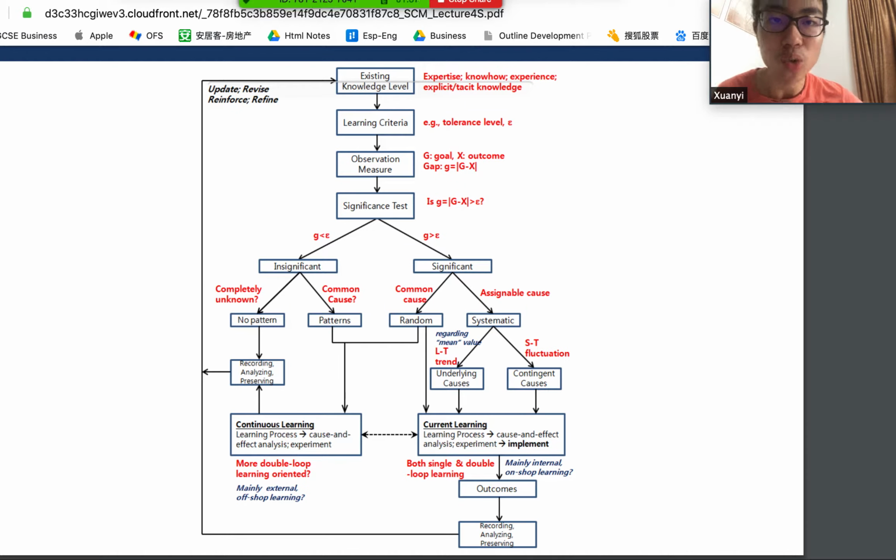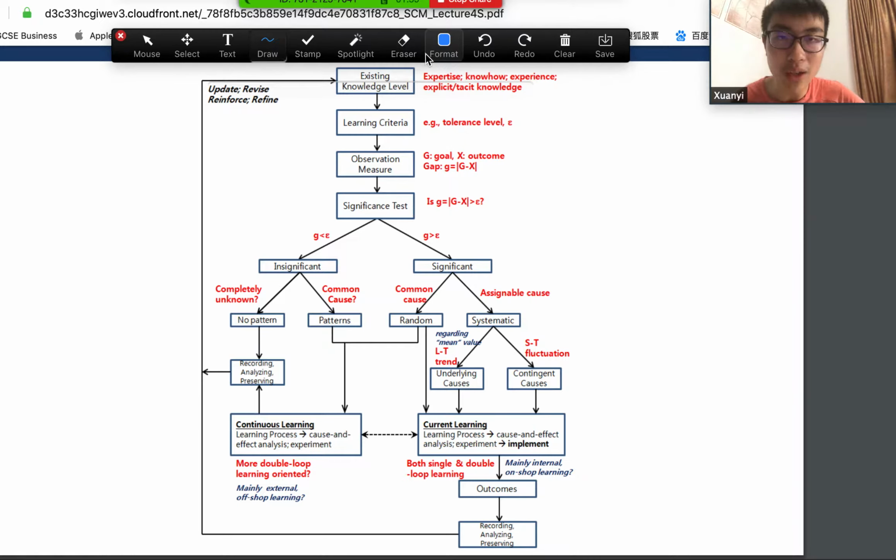Now let's look at this quality learning process. In it, we first determine our existing knowledge level, and from the existing knowledge level, we set our tolerance level. What do we mean by existing knowledge level? It is basically about expertise, know-how, and the problems that happen in our company.